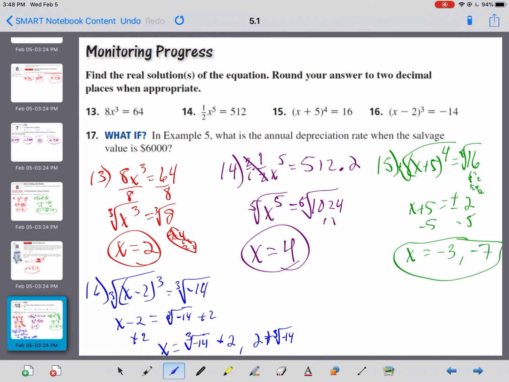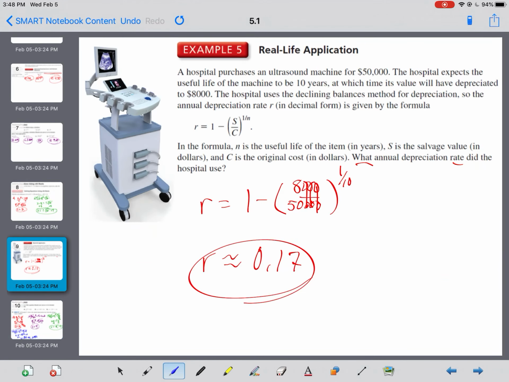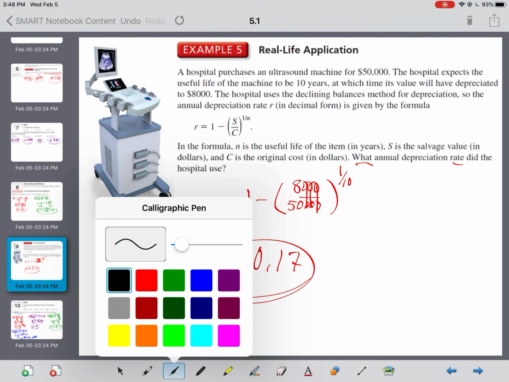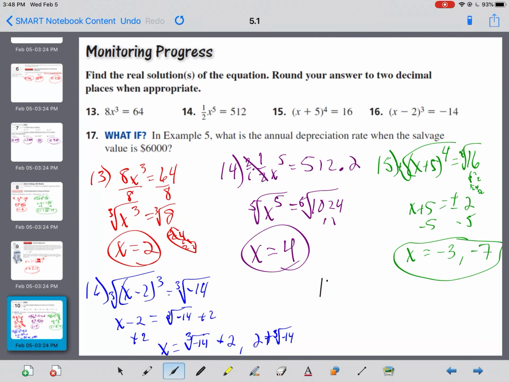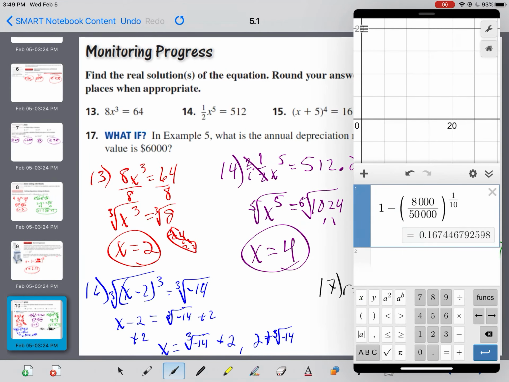Okay. And then 17, what if we changed it? Well, let's go back and look at that equation real quick. I'll pick black this time. 1 minus S over C to the 1/nth. Okay, so 17. R equals 1 minus, our new salvage number is 6,000 over 50,000 to the 1/10th.